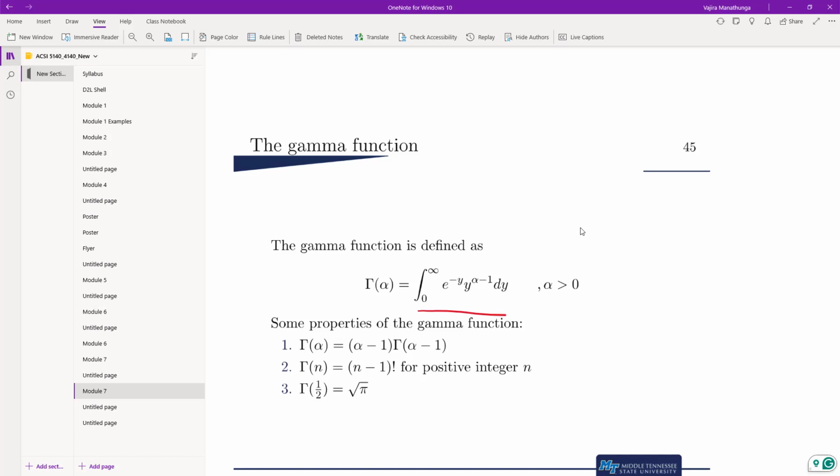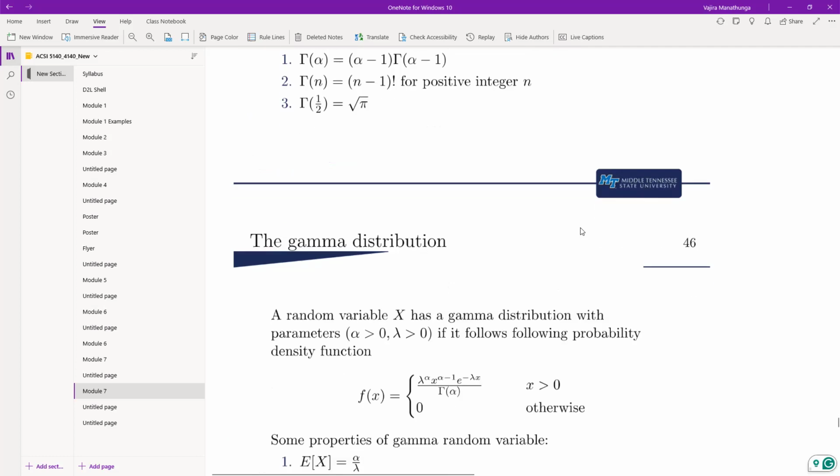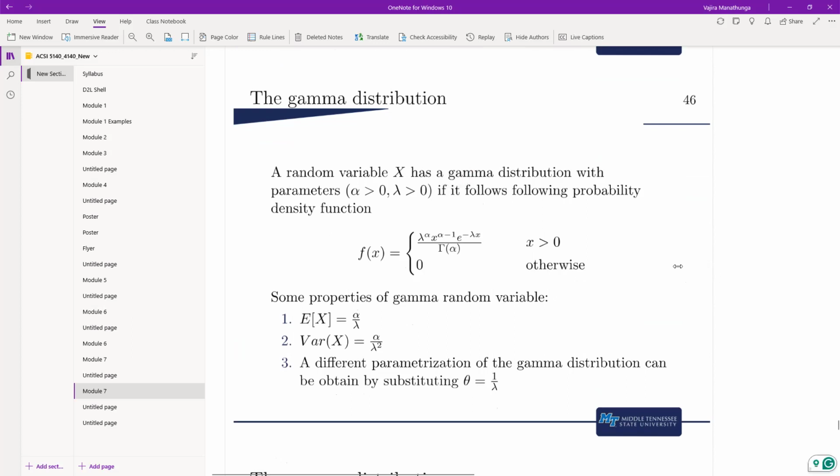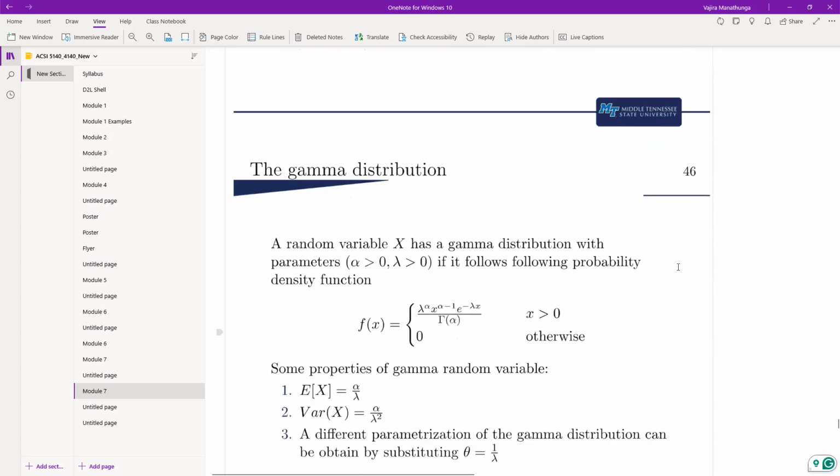Gamma n is n minus 1 factorial, gamma 1 half is square root of pi. Based on this gamma function, you can define the gamma distribution. One thing to note is that it's defined over positive real numbers, and it has two parameters, alpha and lambda. The expected value is alpha over lambda, variance is alpha over lambda squared.